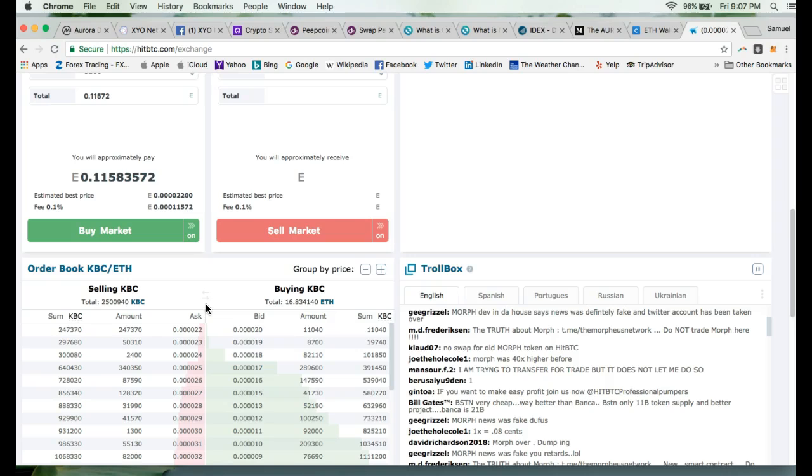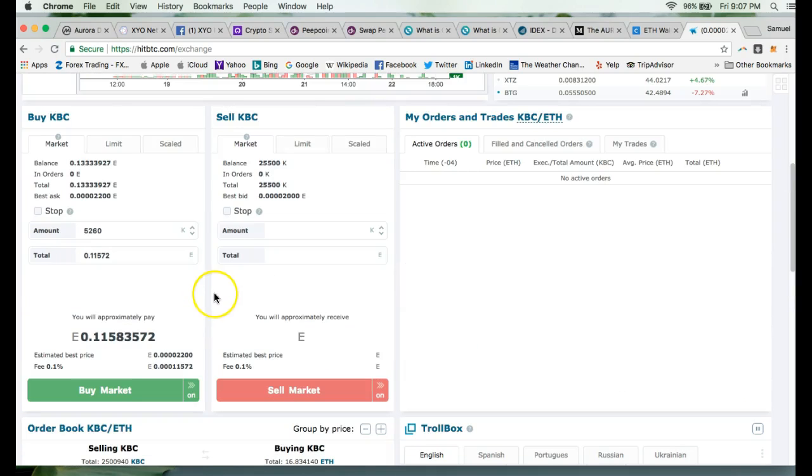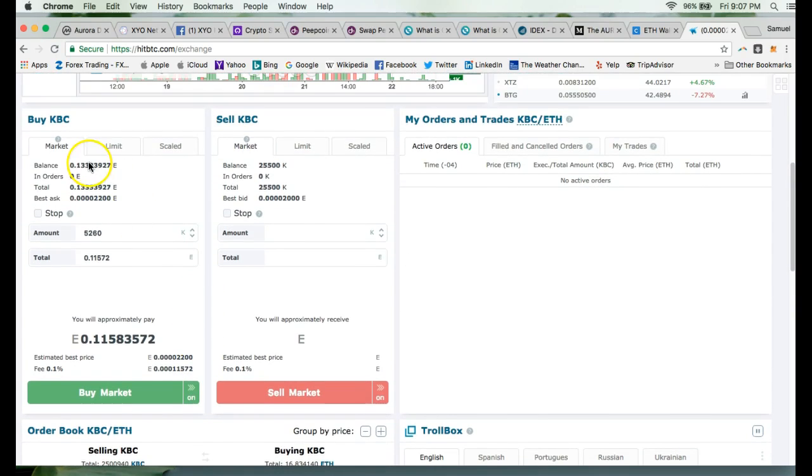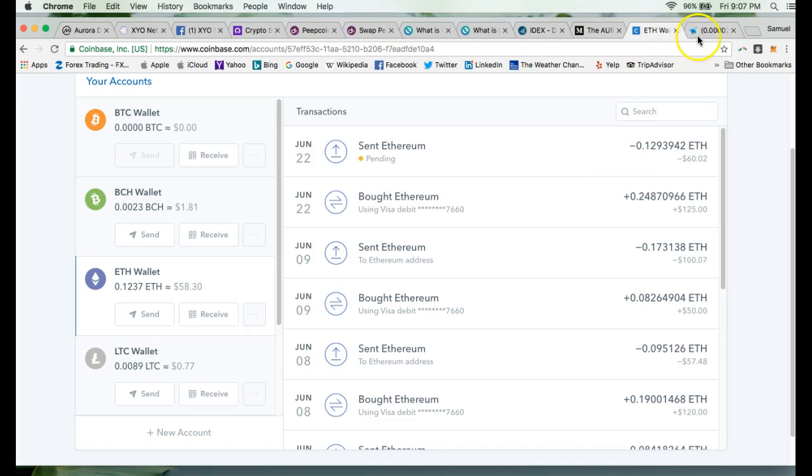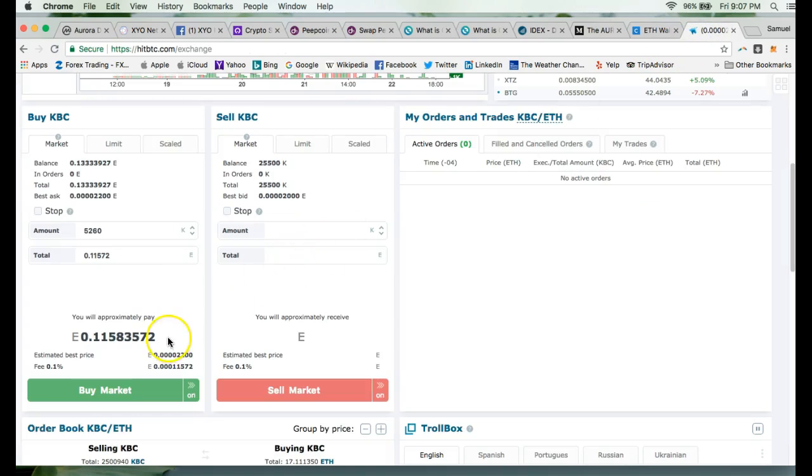All you do is click your balance, which means you're going to use your entire balance to purchase 5,260 Carat Bank coins. I want to see how much that is real quick. I'm curious. Let me just go ahead and buy it at market value.